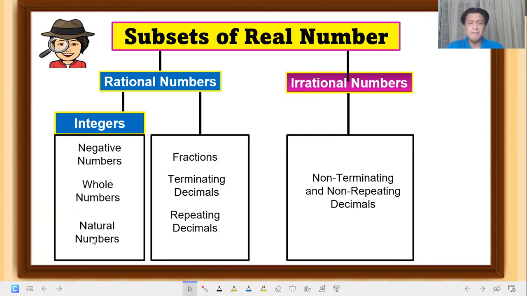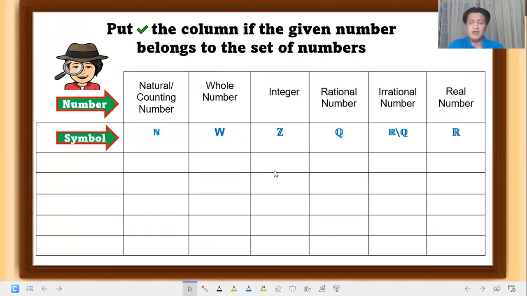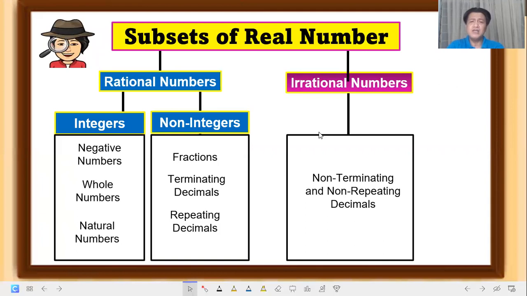Tsaka yung natural numbers, siya din si positive, or counting numbers, integers ang tawag doon. Okay, dito naman sa kabila, we call that non-integers. Sila yung mga fraction, terminating decimal, repeating decimal, or pati yung percent. Non-integers pang tawag doon. Okay? So with that, eto naman yung irrational numbers. As is, non-terminating and non-repeating decimal siya.